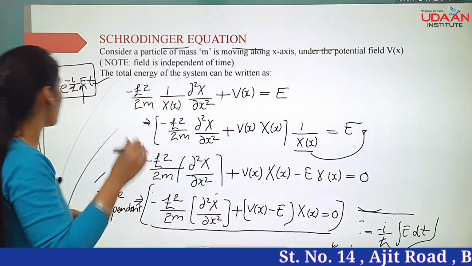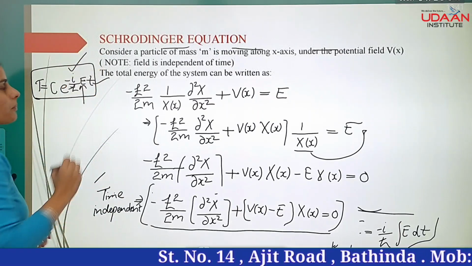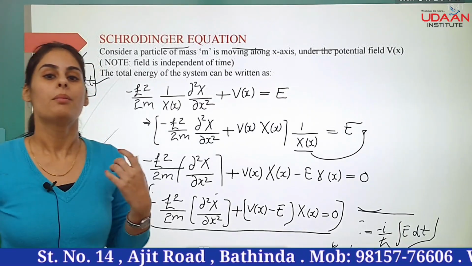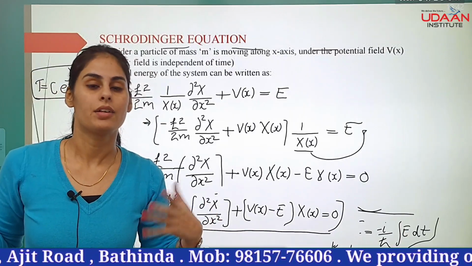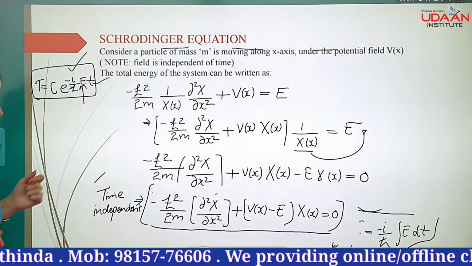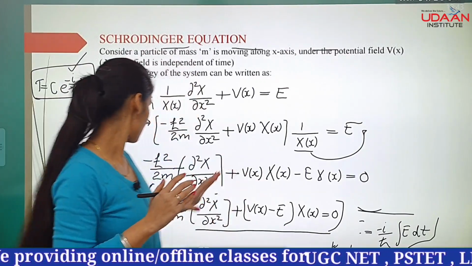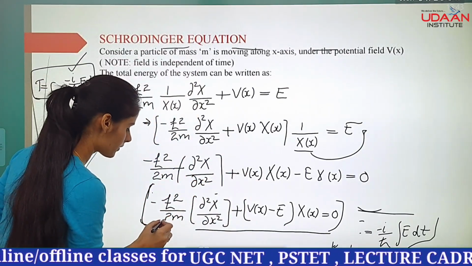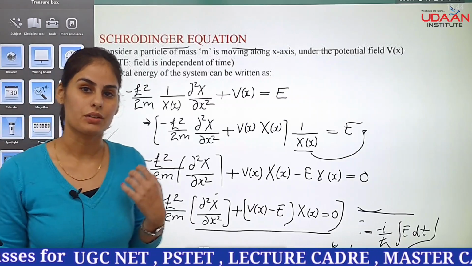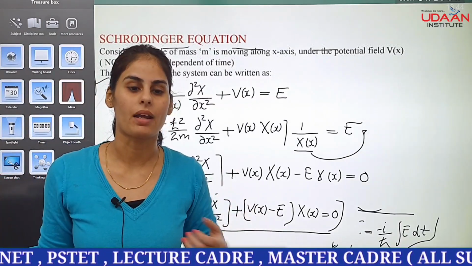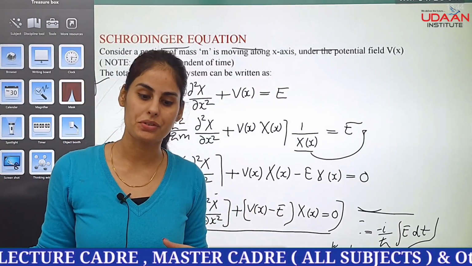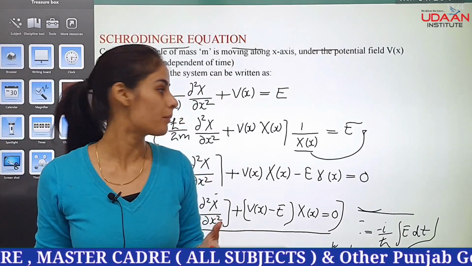So try to remember this particular part, because we are going to put this value directly in our numericals. So everyone, I guess this is enough for today, because we need to keep in mind how to calculate the solutions of the Schrodinger equation in numerical problems.